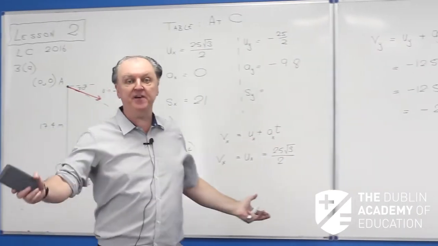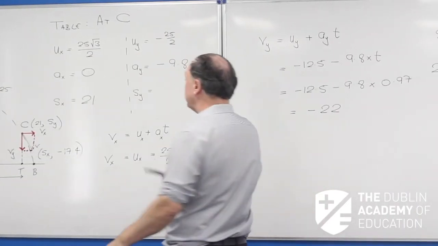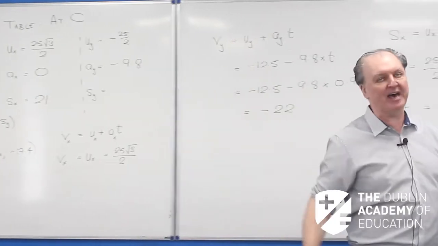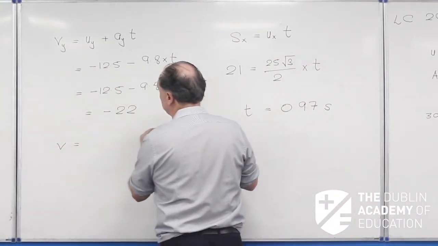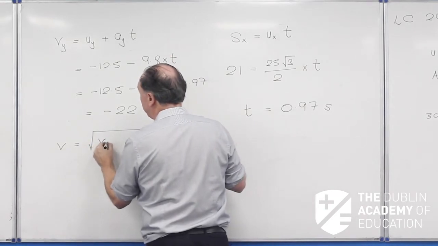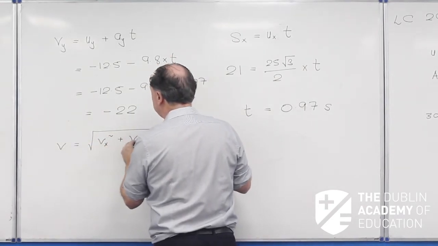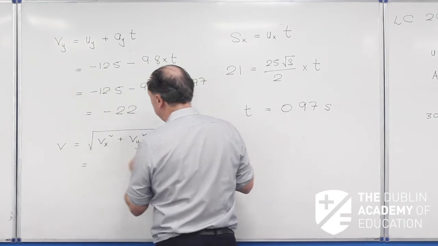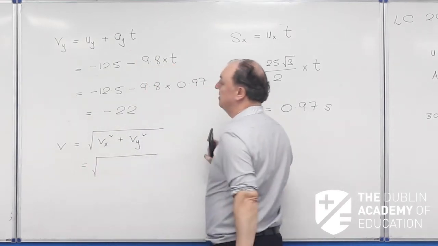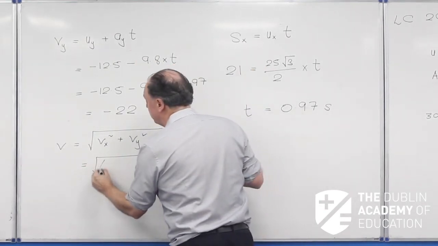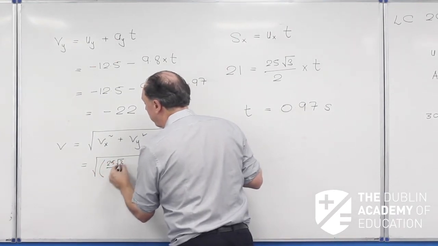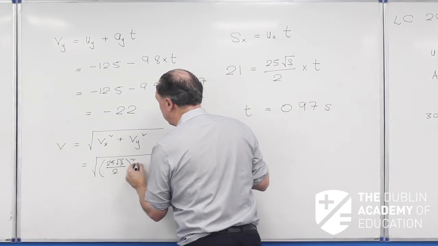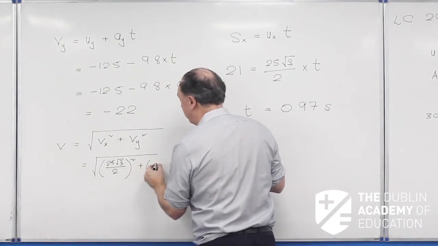Now to find v finally, you want to put the vx and the vy together using Pythagoras. So the overall speed v is the square root of vx squared plus vy squared. That's the square root of 25 root 3 on 2 squared plus minus 22 squared.